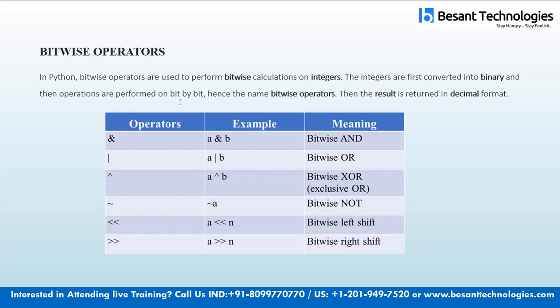Hence the name bitwise operators. Then the result is returned in decimal format. What are the operators that belong to this category? Bitwise AND operator, bitwise OR operator, bitwise exclusive OR operator, bitwise NOT operator, bitwise left shift operator and bitwise right shift operator. We will see the example program.